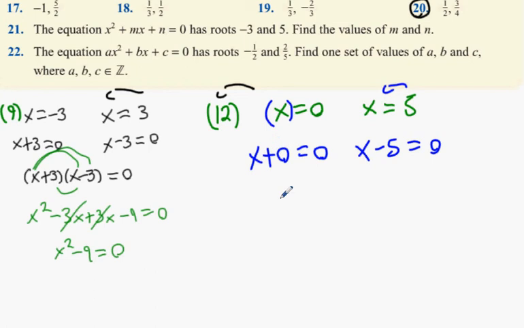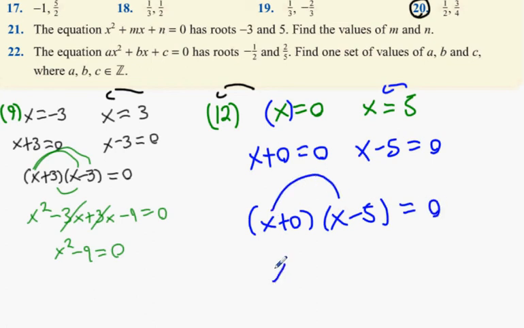And what he did then was he just multiplied the x plus 0 by the x minus 5. And you're going to get the same answer anyway, because x times x, x times minus 5, minus 5x. 0 times x doesn't exist, it's nothing. 0 times minus 5 doesn't exist either. And you can see you're going to get the same answer.